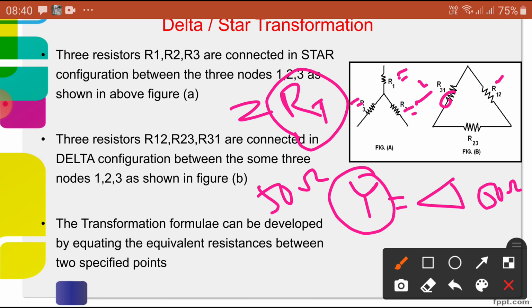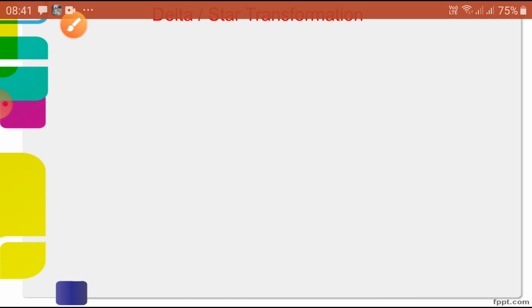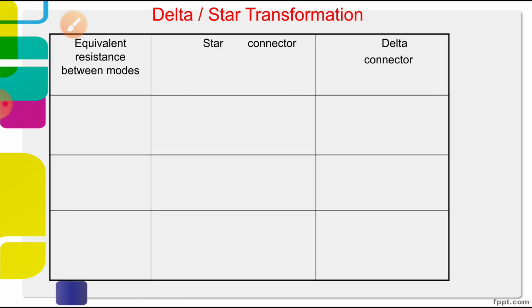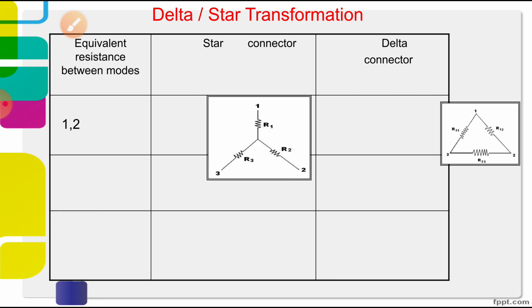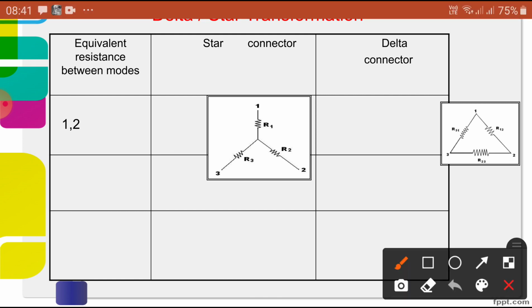You can see one table for easy understanding purpose. Here, you can see the equivalent resistance between nodes 1 and 2 for the star connection and the delta connection. In 1 and 2 you can see the circuits: first node, second node and third node, in delta also first node, second node and third node.